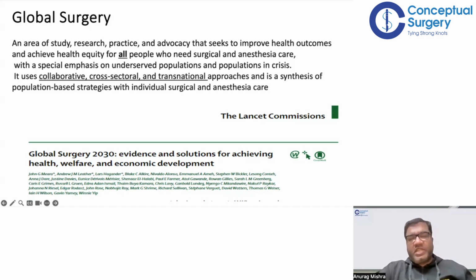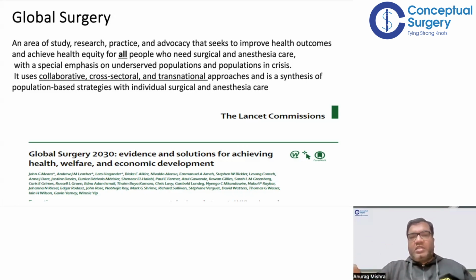Global surgery is an area of study, research, practice and advocacy that seeks to improve healthcare and healthcare outcomes and achieve health equity for all who need surgical and anesthesia care. It talks about surgical specialties, which include surgery, obstetrics, anesthesia, and trauma.